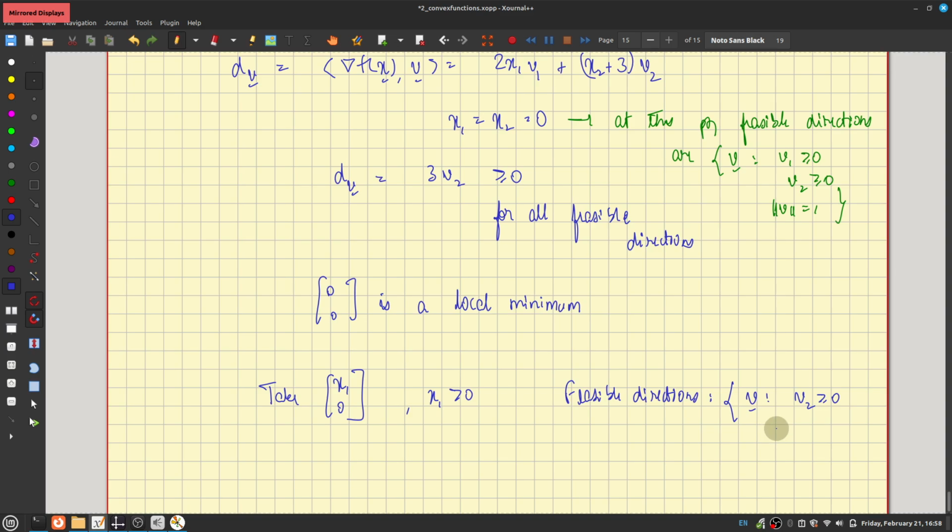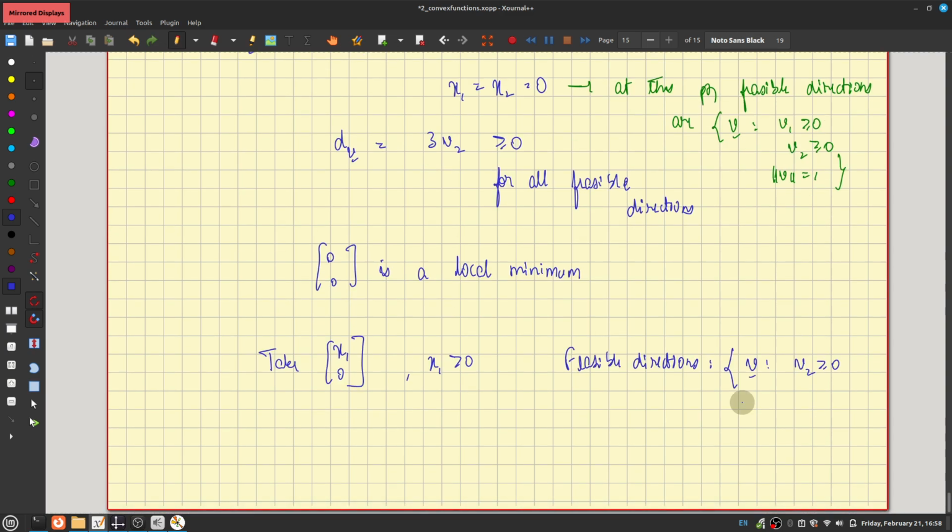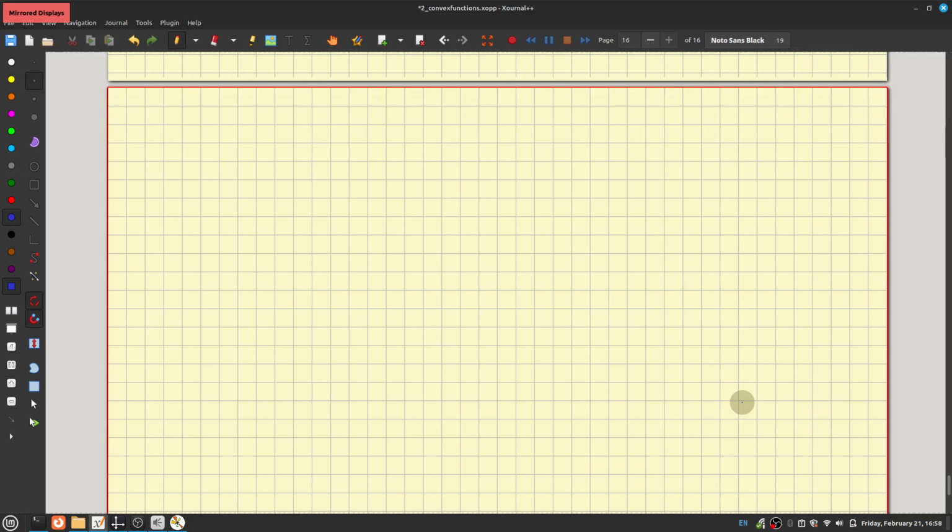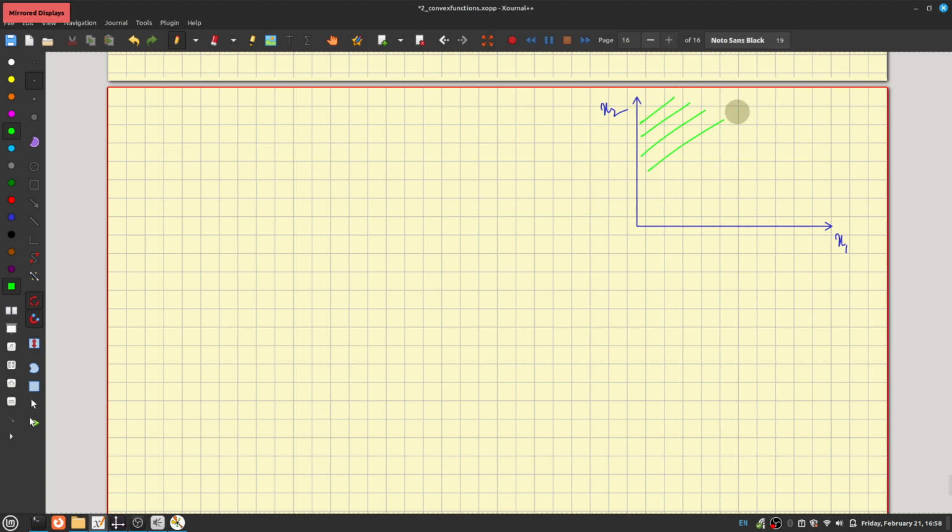It can be anything, right? So effectively, if you draw a picture, this is my x1 axis, this is my x2 axis. The feasible region is, so this is my omega, correct?